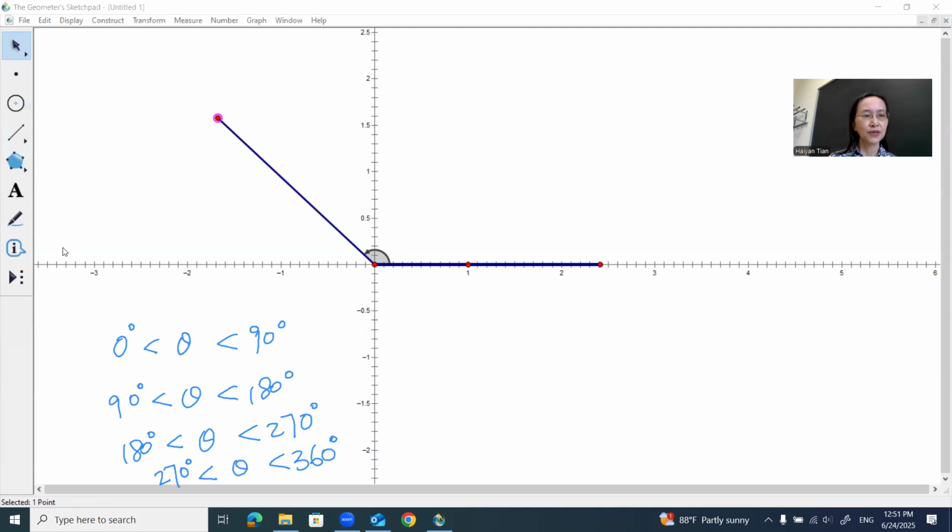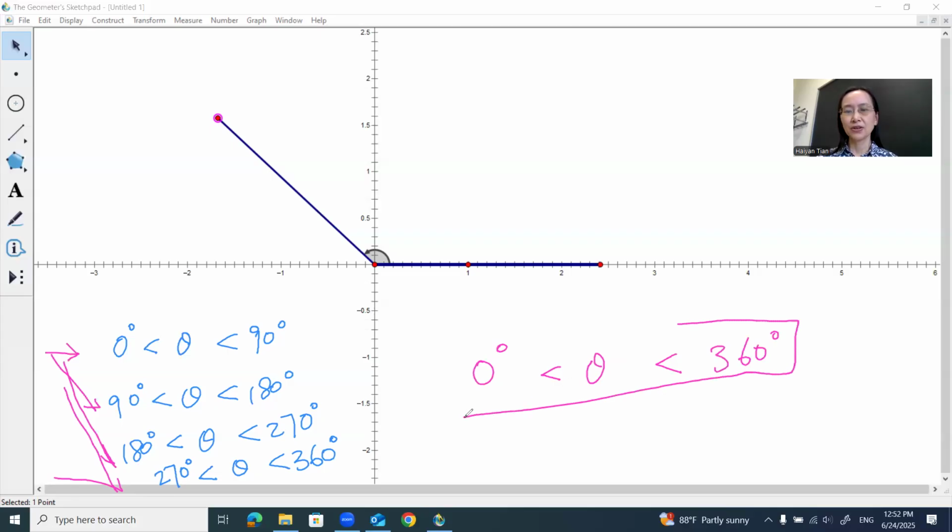So for all 4 different cases, that means they are the angles in this range that is positive but less than 360 degrees. So we are going to look at an example.